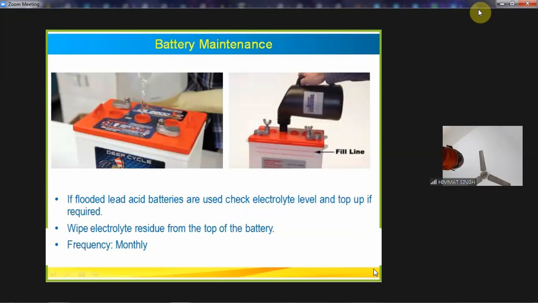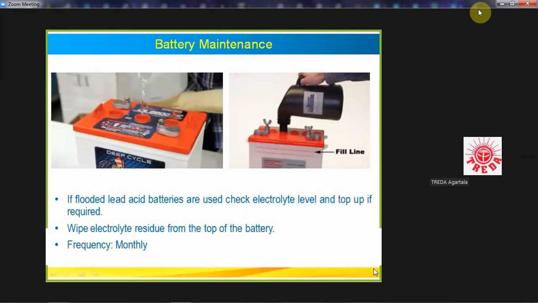This is the battery maintenance. Battery maintenance is a very crucial thing in the PV system, because the battery contains lead acid, and during use the battery terminals become rusted. We have to clean the carbon and clean the battery terminals so that 100% connection can be assured.